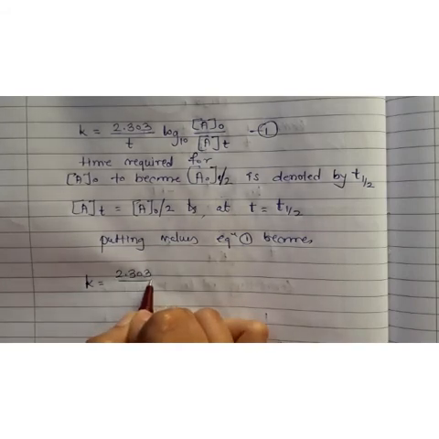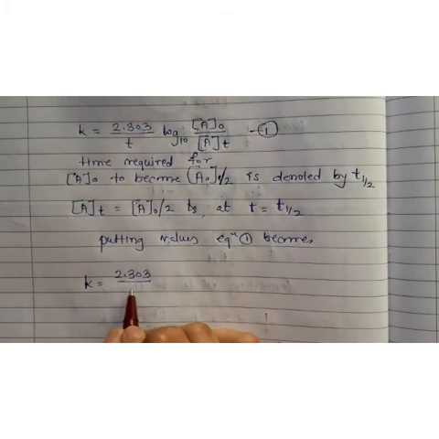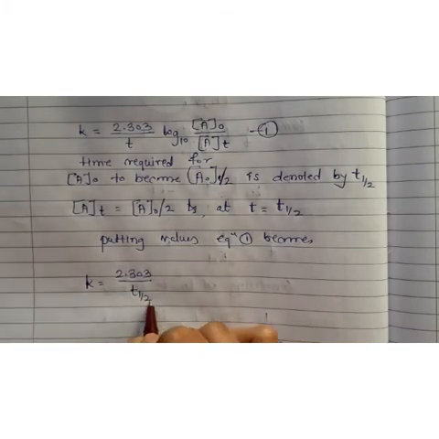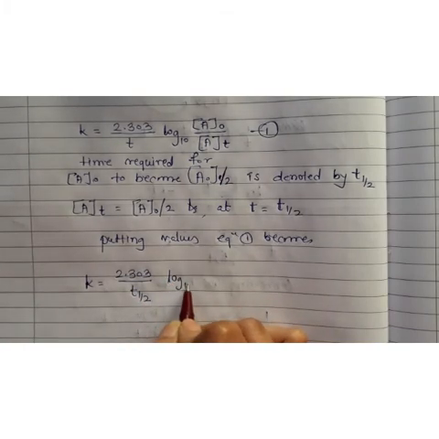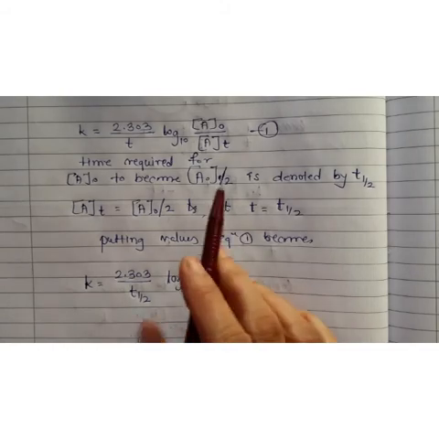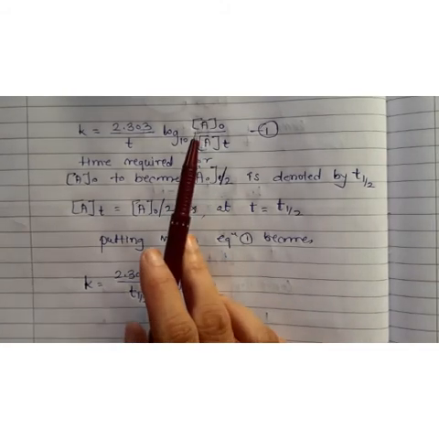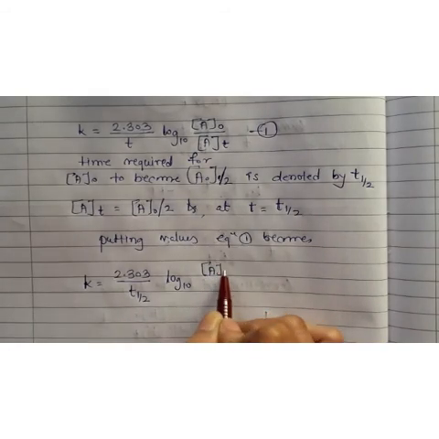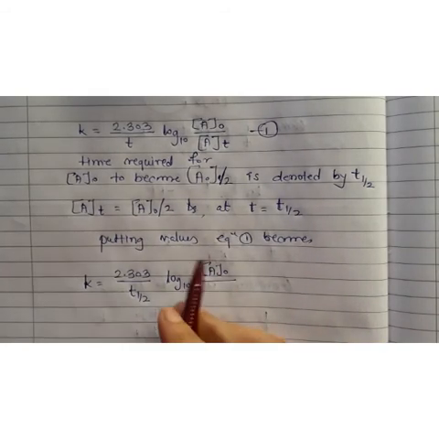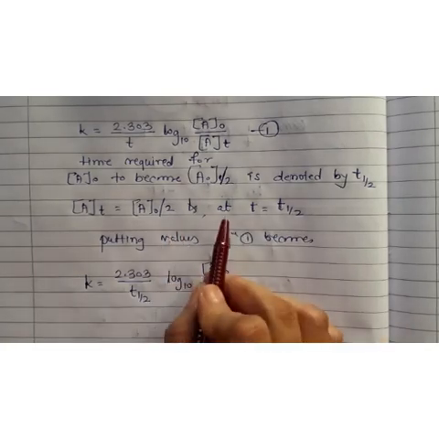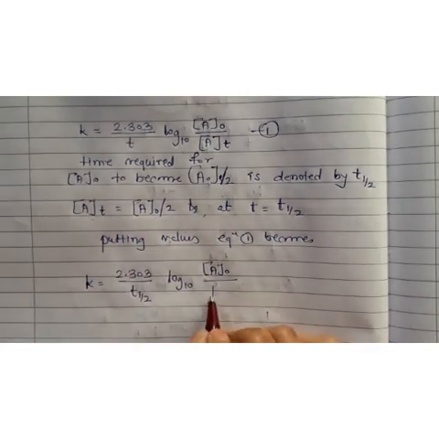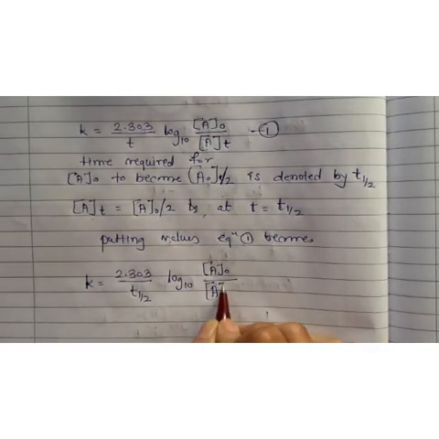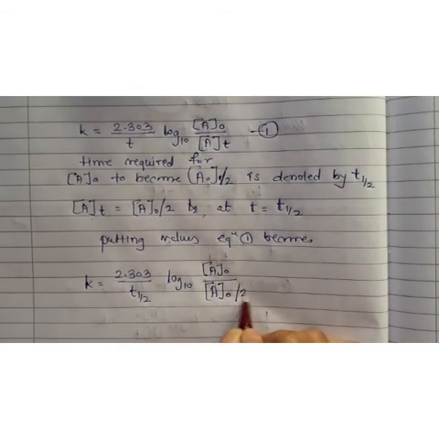2.303 upon, in place of T we will write T half, log to the base 10 will remain as it is. Then A0 as it is, and in place of AT we write A0 by 2.